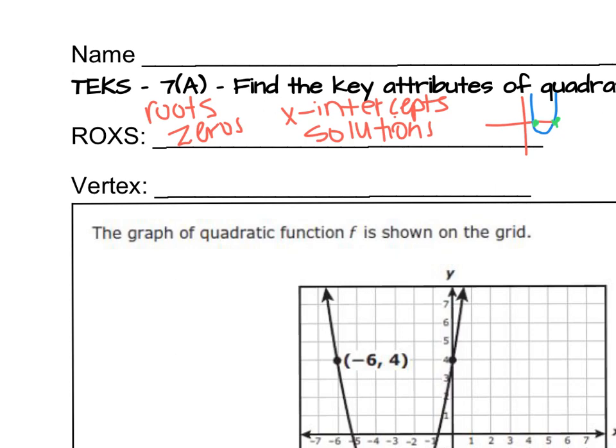The vertex is the middle point of the graph. It's always the maximum or minimum of the graph.